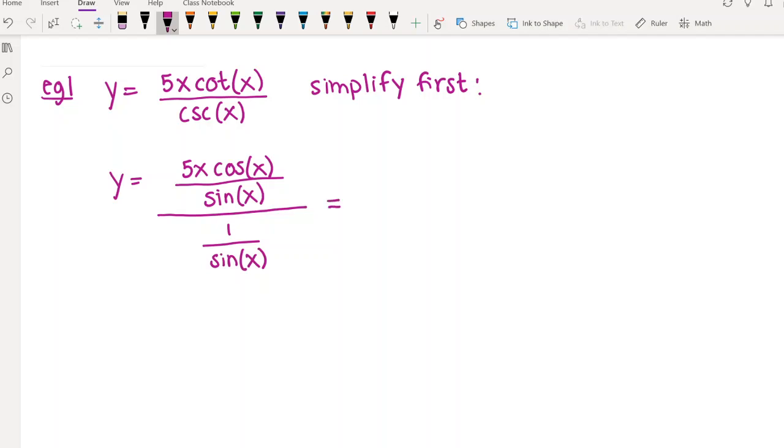So what's going on here? Well, there's kind of two ways to do it. Either, whenever you have a fraction divided by another fraction, instead of dividing, you can multiply by the reciprocal. So instead of dividing by 1 over sine of x, we can multiply by sine of x over 1.